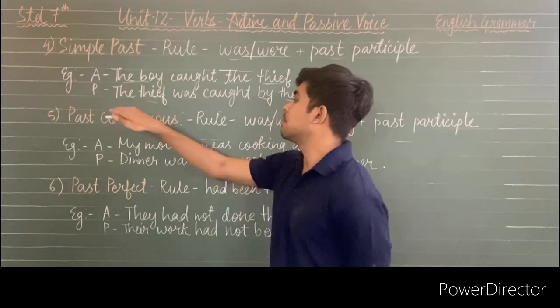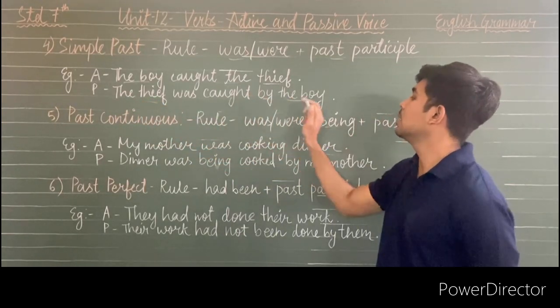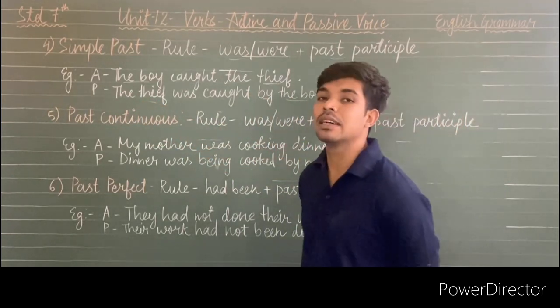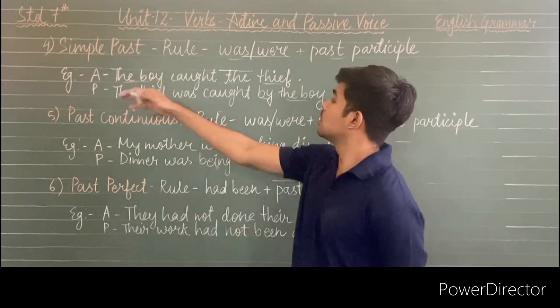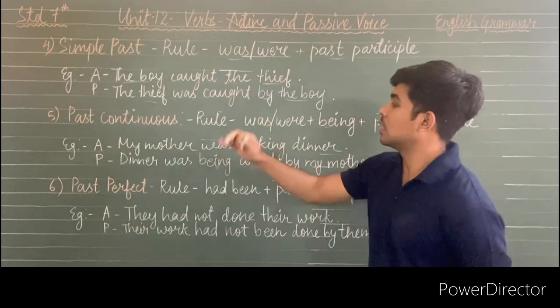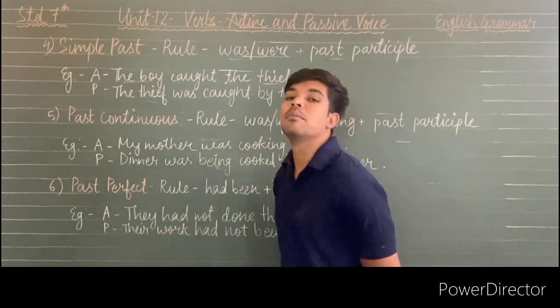So the sentence becomes: the thief was caught by the boy. This is the passive voice, and the active voice was: the boy caught the thief. The thief was caught by the boy. So this is the difference between active and passive voice.